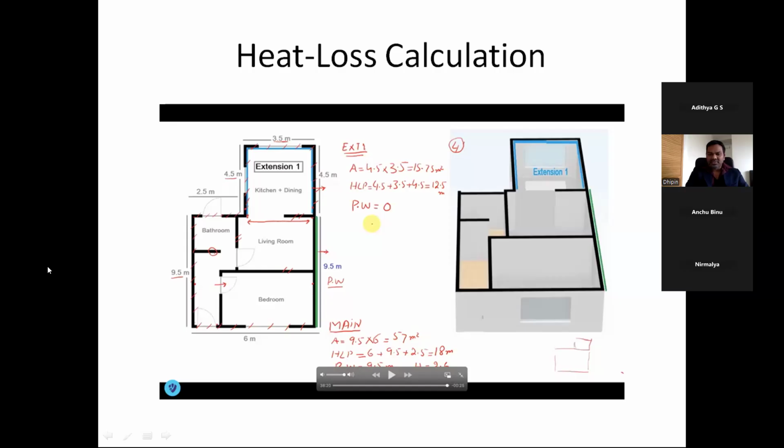In this case, can anyone calculate what would be the answer? I'm sure you would have seen it already, but if somebody hasn't looked at it, can you tell me what would be the heat loss perimeter by looking at this diagram?